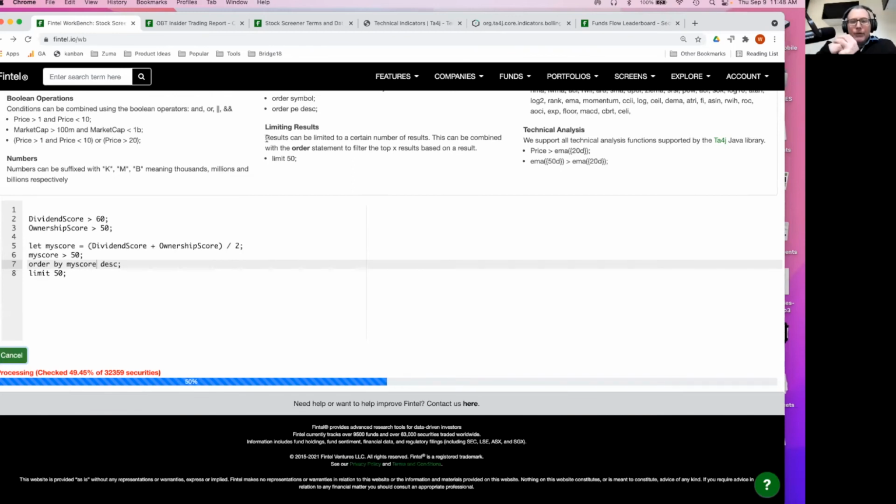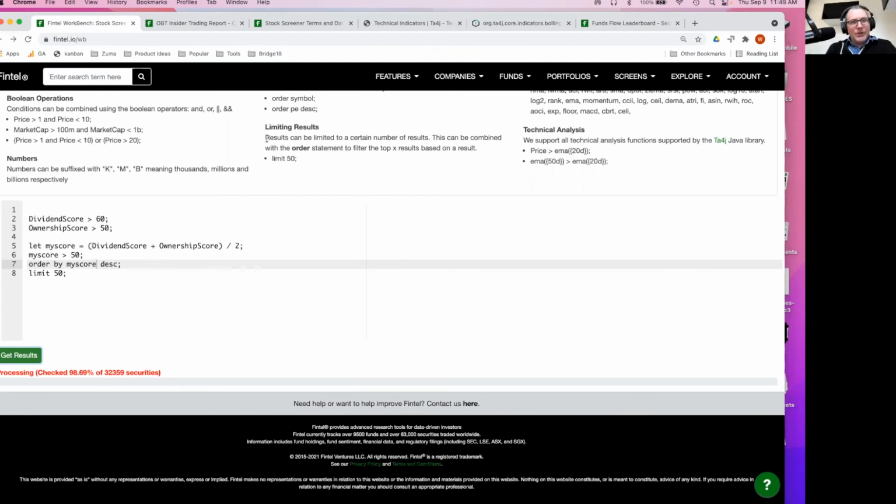So if you are familiar with factor investing, this is actually how I personally go about looking at stocks. I always try to find the leaders of a factor. It's fun to find companies that have a dividend score of this or a dividend yield of that, but what if you could find the best of the entire market?